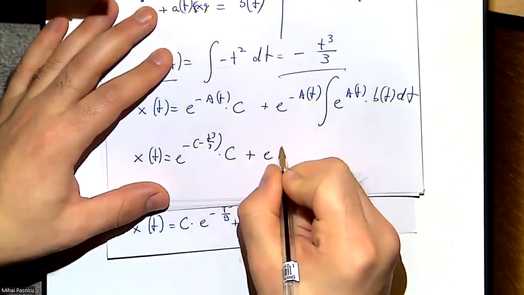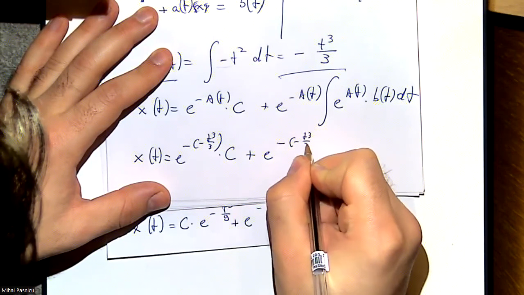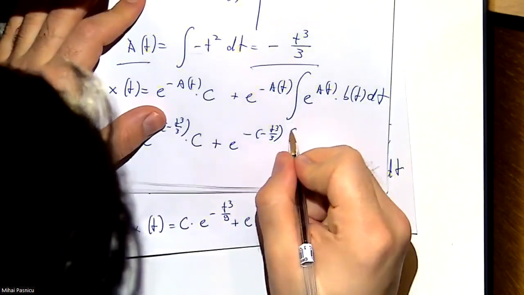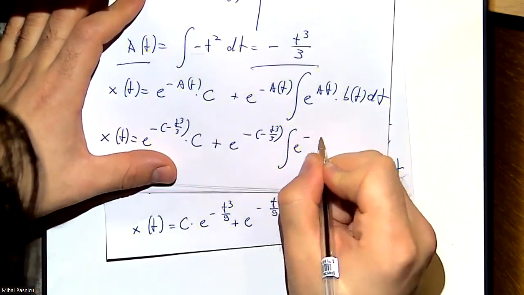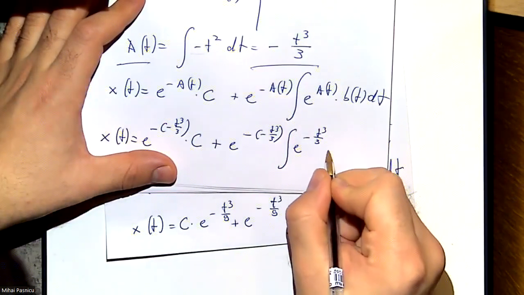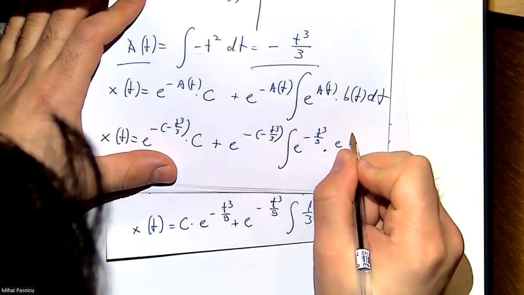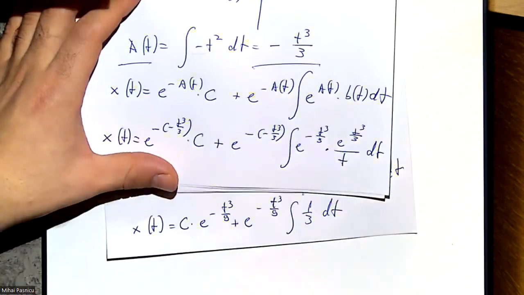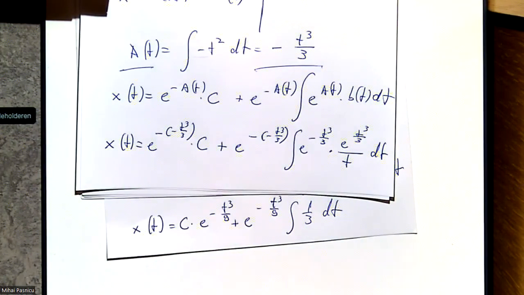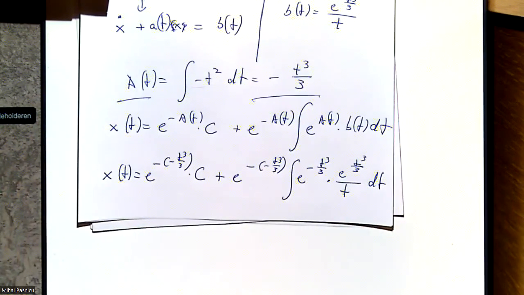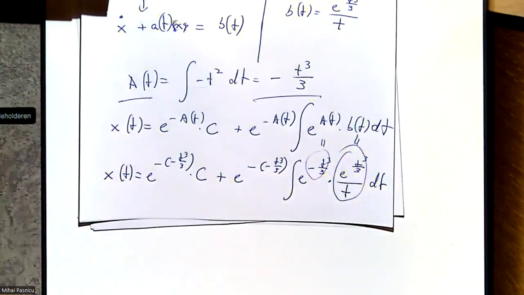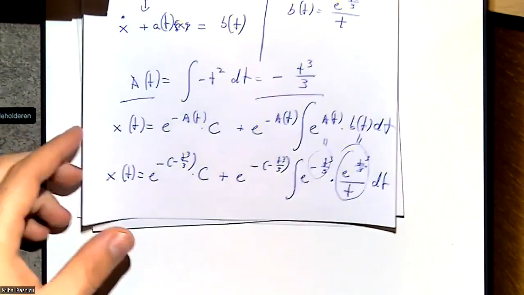Plus e to the minus t cubed over 3 times the integral of e to the minus t cubed over 3 times e to the t cubed over 3 over t dt. Everyone followed my replacement? This is B. This is just A of t. I just plugged in, nothing special at all.